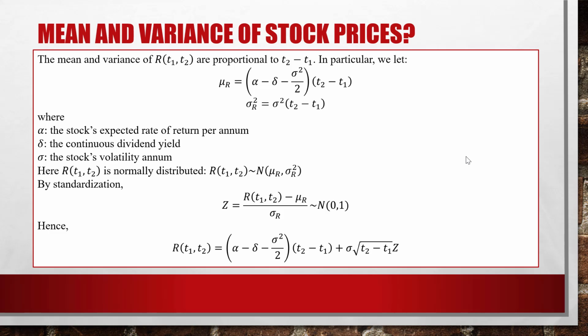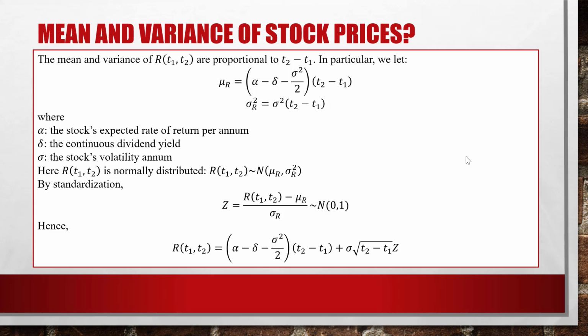Here, alpha is the stock's expected rate of return per annum, delta is the continuous dividend yield, and sigma is the stock's volatility per annum. And R(T1, T2) is normally distributed: R(T1, T2) follows a normal distribution with mean mu R and variance sigma R squared.